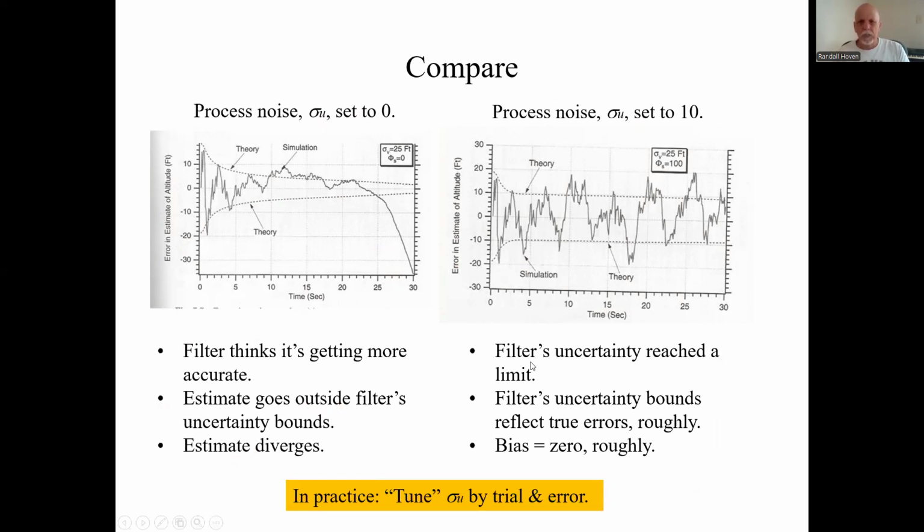In this case, the filter's uncertainty bounds reached a kind of limit. It didn't just keep going down forever. They reflect the two errors roughly. About 2/3 of the time, you're between plus and minus 1 sigma, and the bias looked to be about 0. All good things.